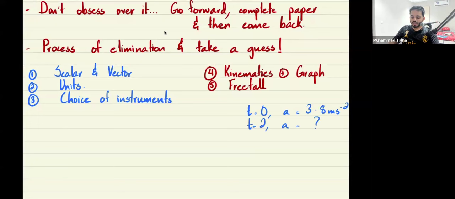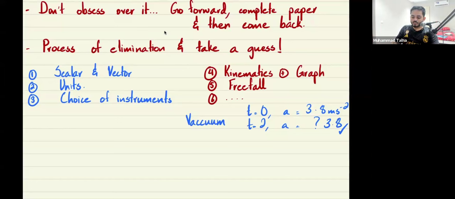The catch was that it was falling in vacuum. If it's falling in vacuum, there is no air resistance, so acceleration is constant because the only force which acts is the weight of the object, right? So in this case, the answer was just 3.8 again. So you'll have something related to kinematics, something related to free fall, and again, you might have space for just one more question here. That's going to make the first 6 questions.